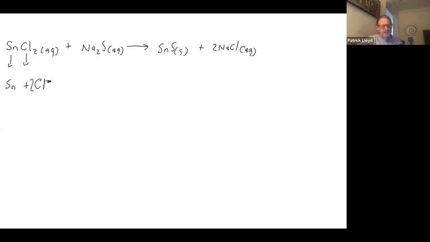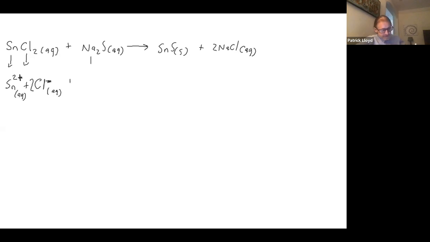Now let's figure out the charge of the tin from the chlorine. 2 -1s is -2. So the tin's got to be +2. They are aqueous, so we're going to write aqueous here. The ions are always aqueous in water.